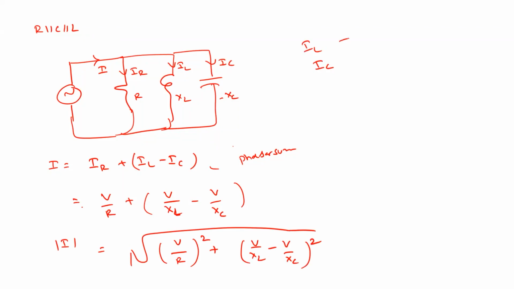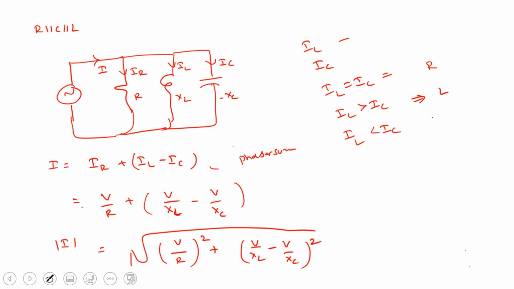If IL equals IC, then both cancel, and you're left with only resistance. If IL is greater than IC, that means the inductive current is more when compared to the capacitive current, so the circuit is predominantly inductive. If IL is less than IC, the circuit is predominantly capacitive.